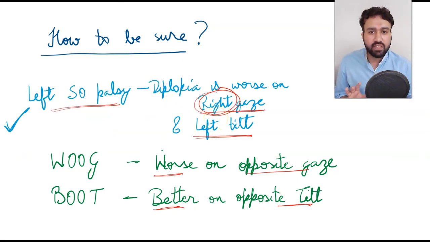So our patient basically had a diplopia which was worse on right gaze and it was worse on left tilt. So he was keeping a compensatory right tilt, right? So the rules, the VOOG and BOOT also are in accordance with the answer that we got. So that's again a cross-checking mechanism that you must, if you get the answer as superior oblique, use these two rules and just cross-check your answer.